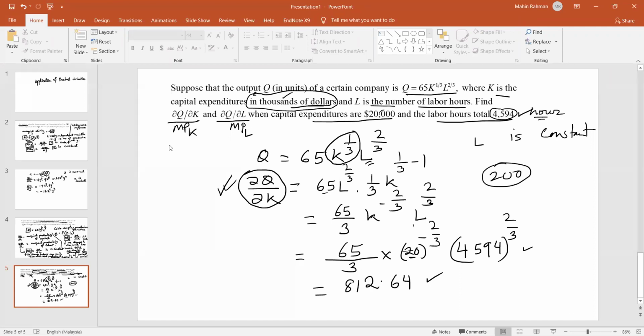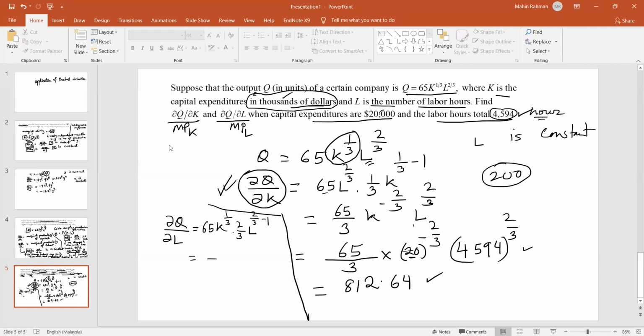Now similarly, you have to calculate delta Q by delta L. Try to calculate it. Here it will be 65. K to the power 1 by 3 will be constant. You only have to differentiate L to the power 3 by 2. So you bring 2 by 3, then L to the power 2 by 3 minus 1.